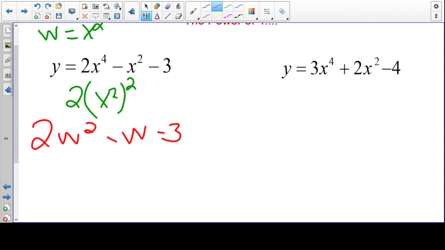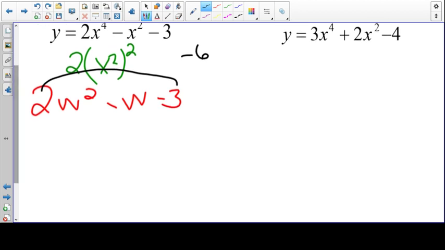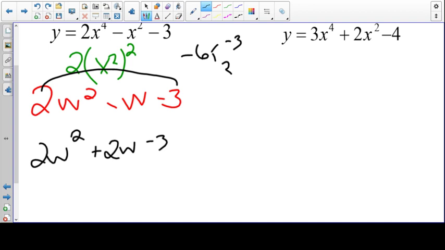Now I can go ahead and factor this in terms of w. 2 times 3 gives me negative 6. What multiplies to negative 6 and adds to negative 1? Negative 3 and 2. So I'm going to have 2w squared plus 2w minus 3w minus 3.